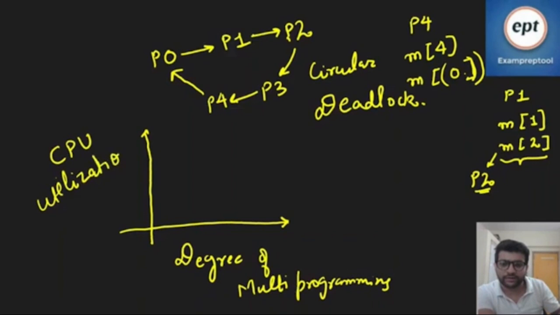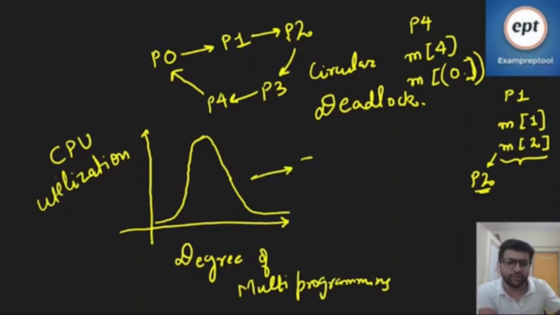If we increase the degree of multiprogramming, initially the CPU utilization starts increasing. However, because of page faults, the CPU utilization starts decreasing and keeps on decreasing with increasing degree of multiprogramming. And this concept is known as thrashing.